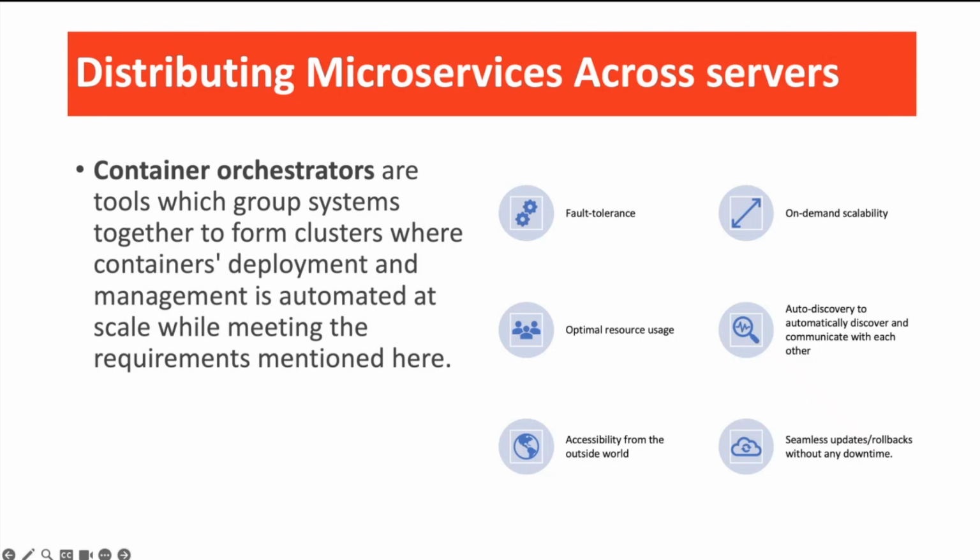Now, this is where things become complicated. It is probably feasible as long as you have one or two hosts, or maybe one cluster at max. Then you can define your networking rules and schedule different containers on different hosts.